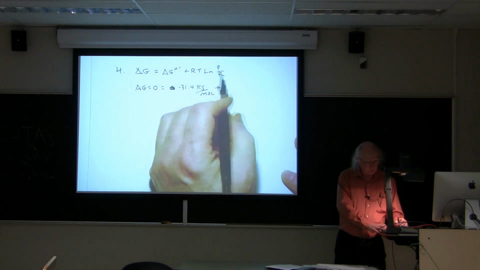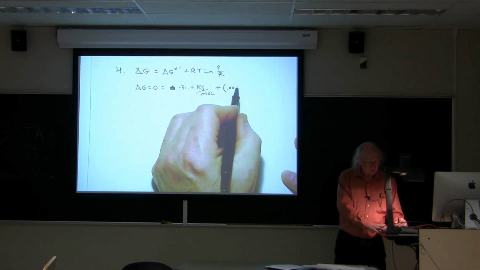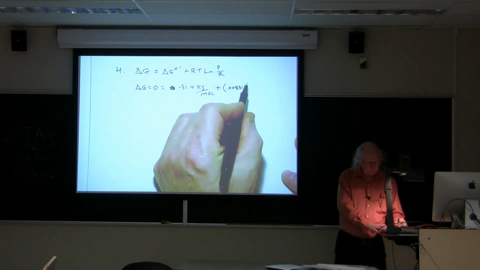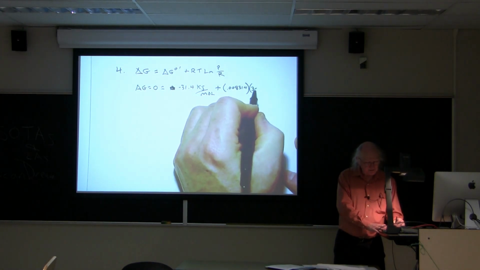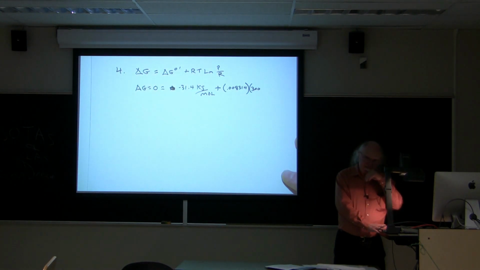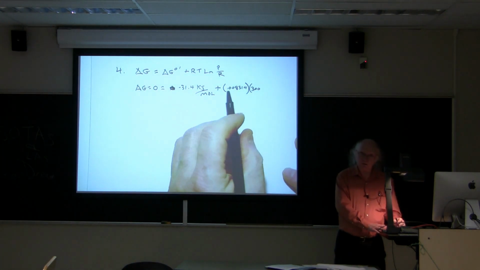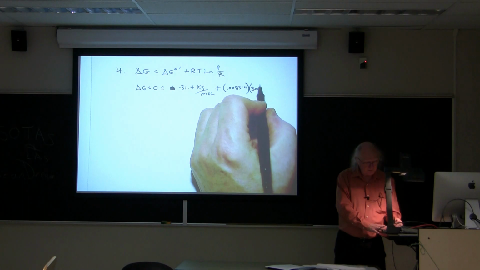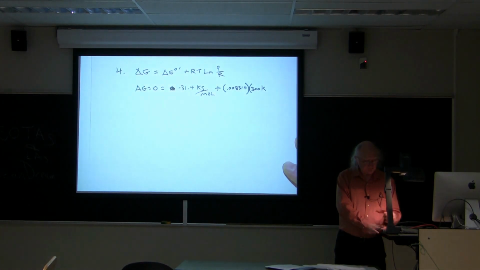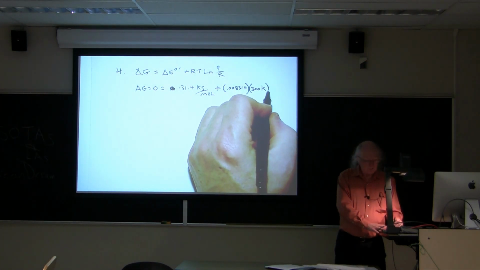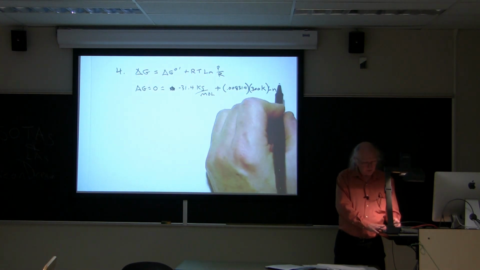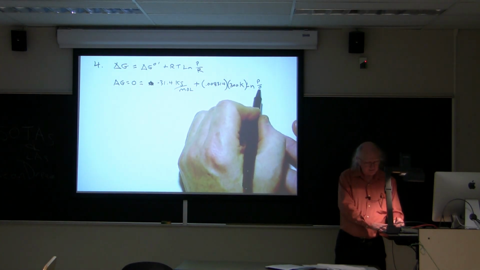We plug in values for R, which is 0.008314 kilojoules per mole per degree Kelvin, and 300 degrees Kelvin for the temperature here, times the natural log of the products over the reactants.